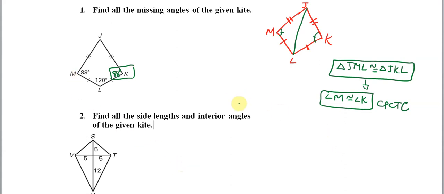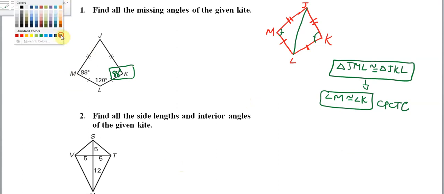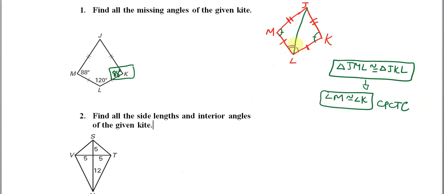Now, let us take this a step further. We can say a few other things, and let me pick a different color here. We can say that these two angles down here are congruent to each other for the exact same reason, right? So angle JLM is congruent to angle JLK.